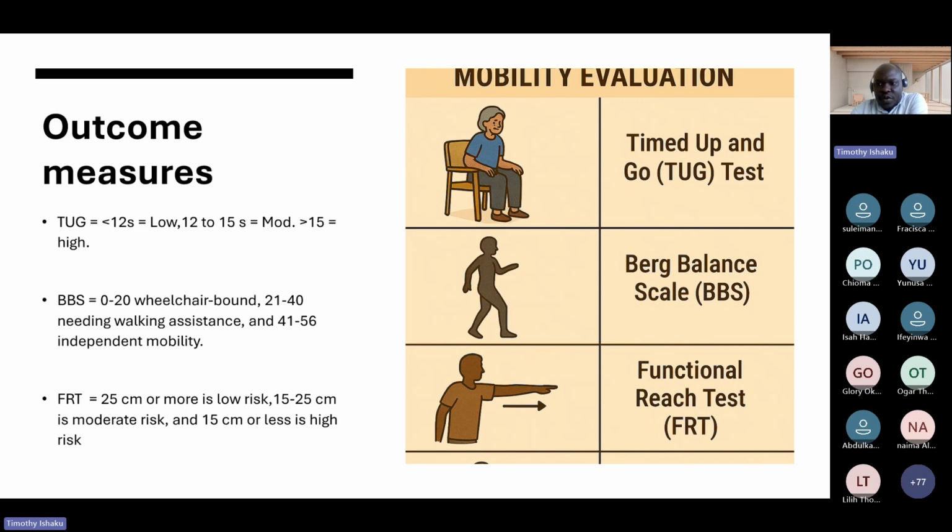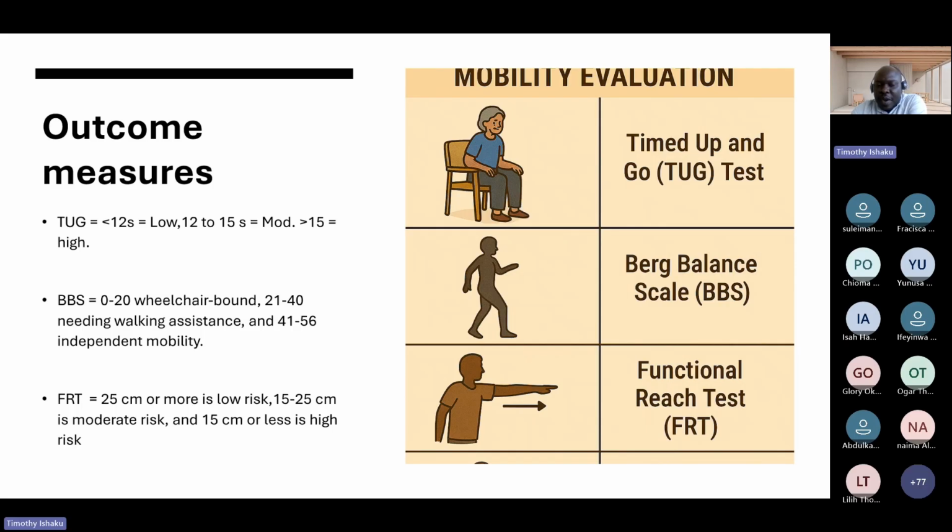Good. Yes, thank you. Maybe your numbers may be slightly different from mine, because the numbers vary. Anything less than 12 seconds is considered low risk. The longer you take to walk the distance, the more at risk you are. We talked about gait speed earlier on.